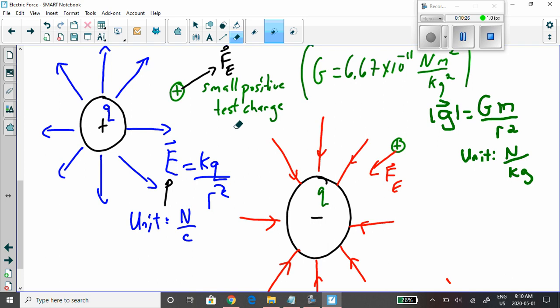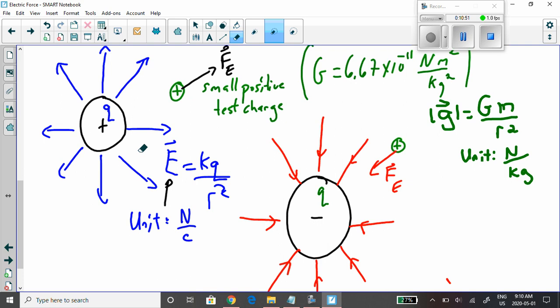Either will work, but if we're going to establish coherent theory and equations and mathematics to electrostatics, we have to pick one of them. And a long time ago, this was done. So all electric fields can be tested by using a small positive test charge. That's the way it was established.